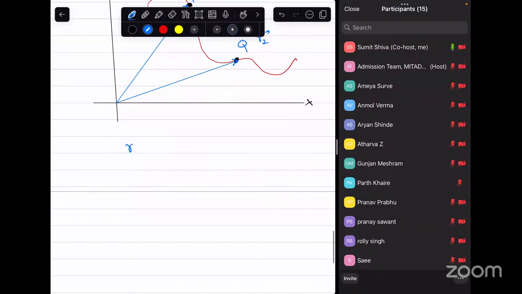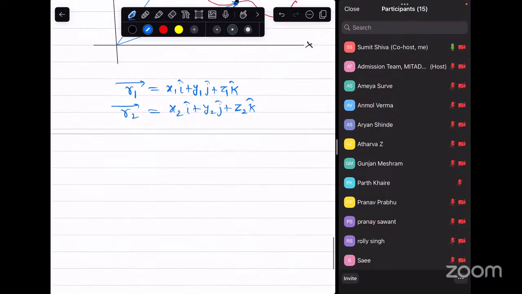So position vector R1 is x1 i cap plus y1 j cap plus z1 k cap, and R2 is x2 i cap plus y2 j cap plus z2 k cap.